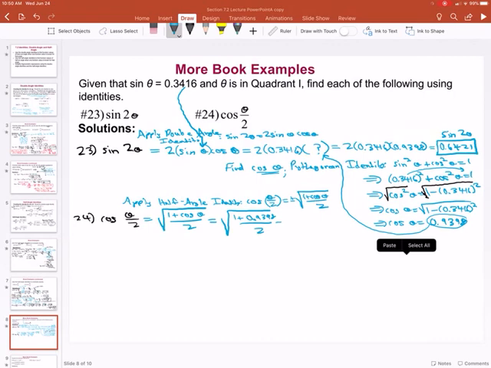And as we add that up, we have the square root of 1.9398 divided by 2, and if you put that in your calculator, you'll get approximately 0.9848 rounded to 4 decimal places. So there's our value. There's cosine of theta divided by 2. So again, applying our identities, putting that in there, we can get to our function value.